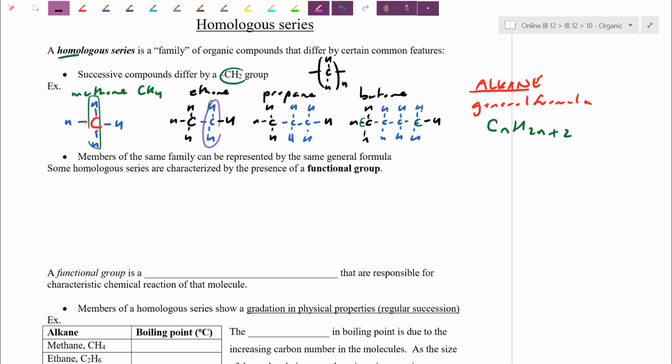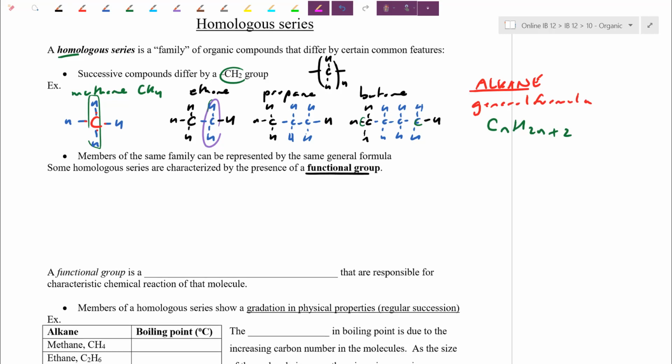Usually the different organic families, we'll come back to in tomorrow's lesson to look at some functional groups here. Functional groups are specific groupings of atoms that actually allow the molecule to have specific properties. I'm not going to ask you to memorize a lot of these properties, but what we're going to find is because we're in a homologous series, to be in the same family together, we have to all have the same functional group.